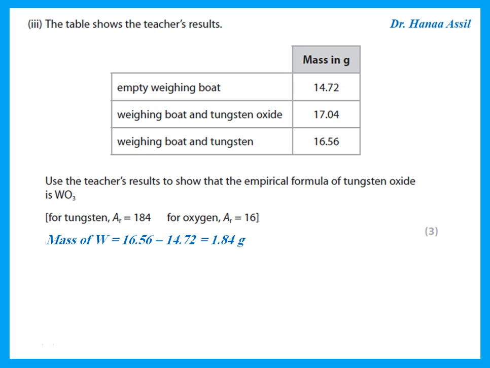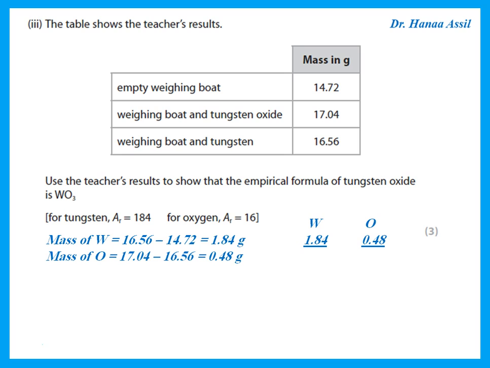So weighing boat and tungsten minus the weighing boat alone, that is the mass of tungsten. Now I want the mass of oxygen. How do I get the mass of oxygen? It is the mass of the tungsten oxide and weighing boat minus the tungsten alone and weighing boat. So 17.04 minus 16.56. This gives me the mass of oxygen.